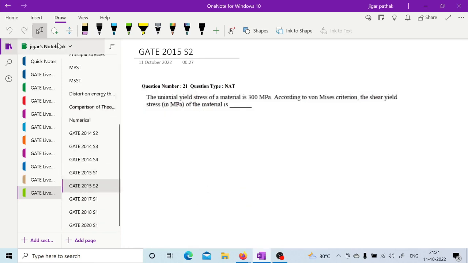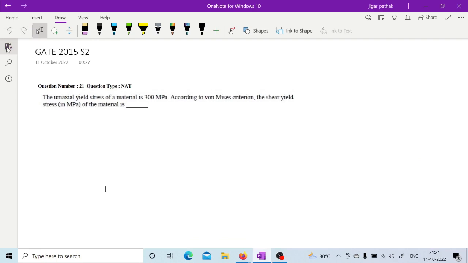So then next is this: the uniaxial yield stress of a material is 300 megapascal. According to von Mises criteria, the shear yield stress of the material is, 173.1. Why?